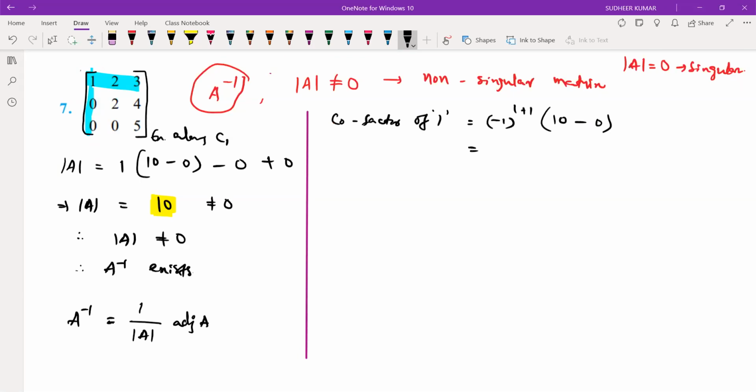So the result is 10. So for our convenience, I'll write it here. So this is 10.